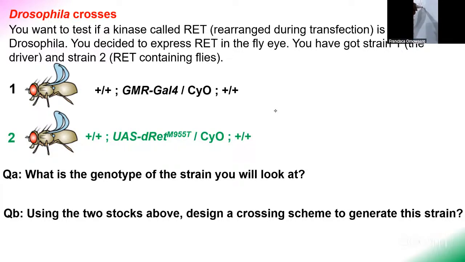And then 5, we can also have curly over UAS red, so plus over plus, curly over UAS red. Do you know that plus over plus, curly over UAS red is the same as plus over plus, UAS red over curly? Happy with that? And 6, plus over Y, curly over UAS red.